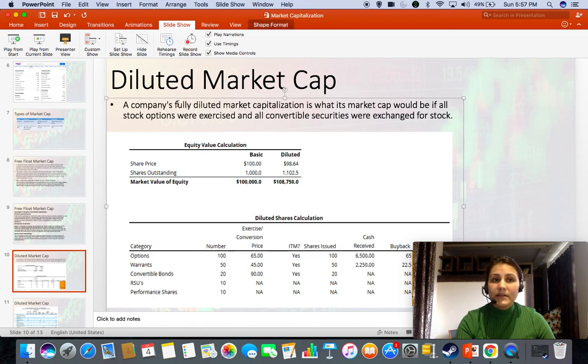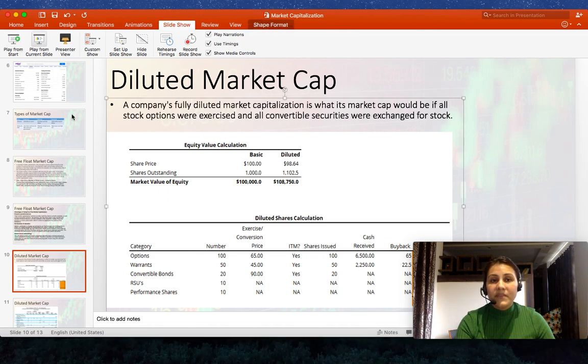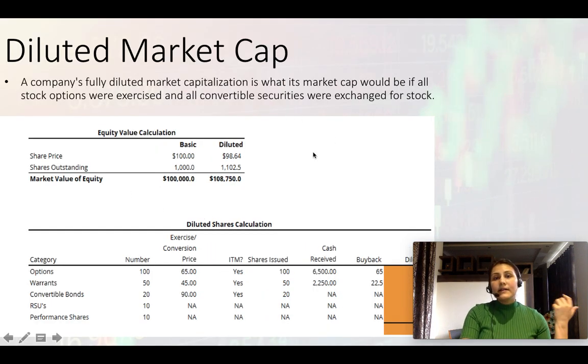Diluted market cap is important because it's a way for investors to understand, if the company exercises all of its options, what is the reality of the shares and the market cap. That's why investors prefer this. For calculating diluted market cap, we use the treasury stock method. Maybe I can prepare another video on this TSM method, but we'll skip it for now.